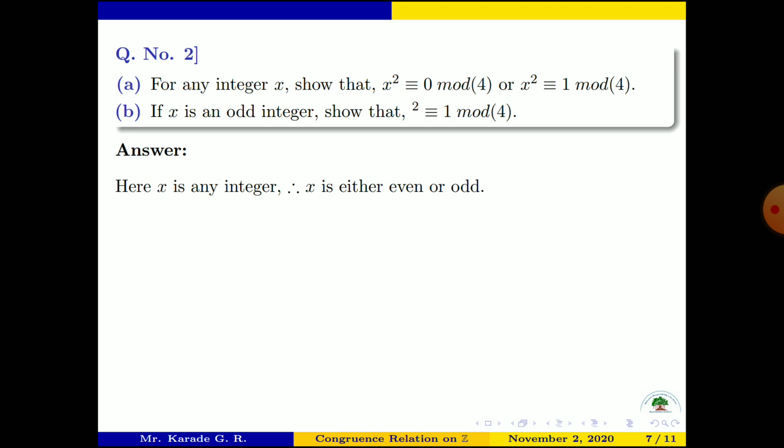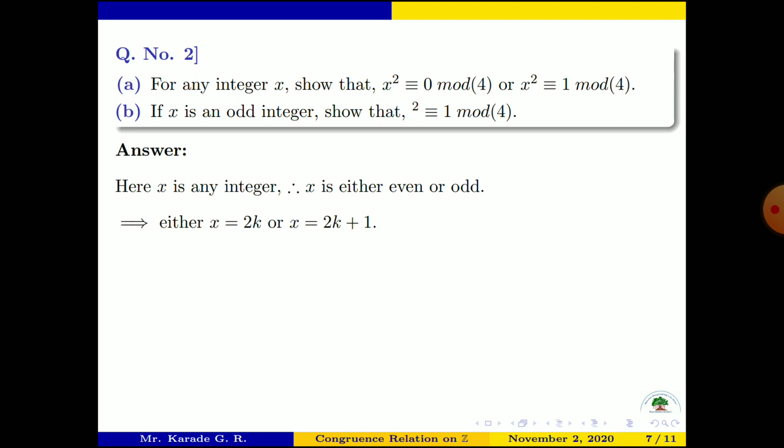Answer. Here x is any integer, therefore either x is an even number or x is an odd number. If x is an even number, then x must be a multiple of 2, and if x is an odd number, then x must be of the type 2k plus 1 for any integer k.